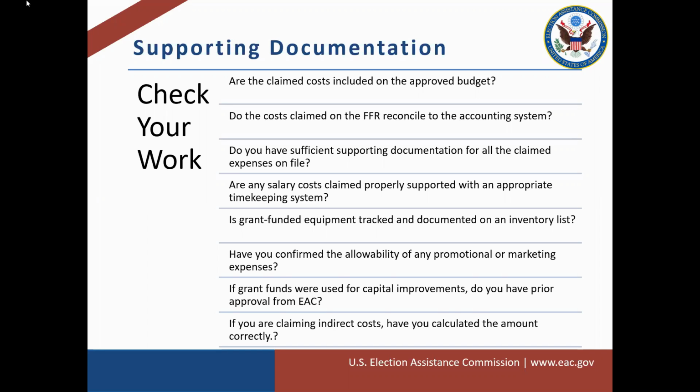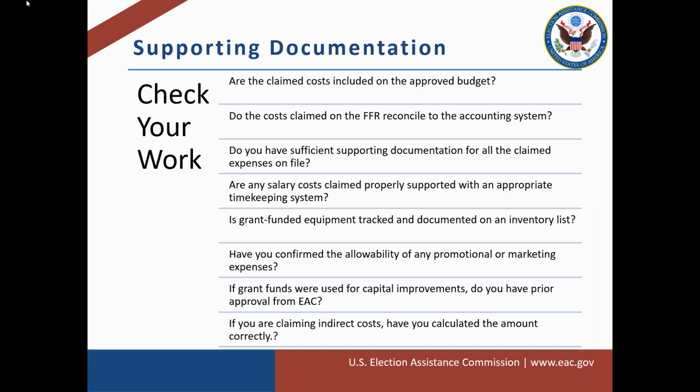For your election security funds, it's the combined budget now with the 2018 and the 2020 funds in it. And you need to make sure that the costs claimed on your FFR reconcile to the accounting system. That would be a check you'll want to do as you're completing the FFR. And also ensuring that you have all the supporting documentation that you need to back up the claimed expenses.